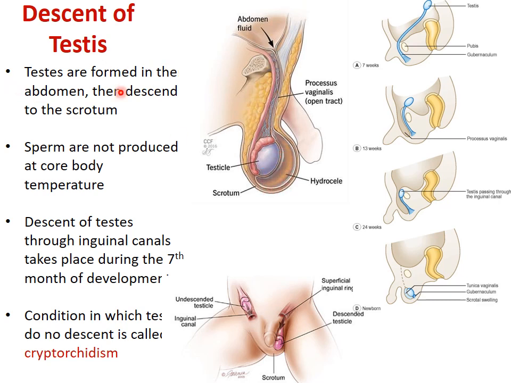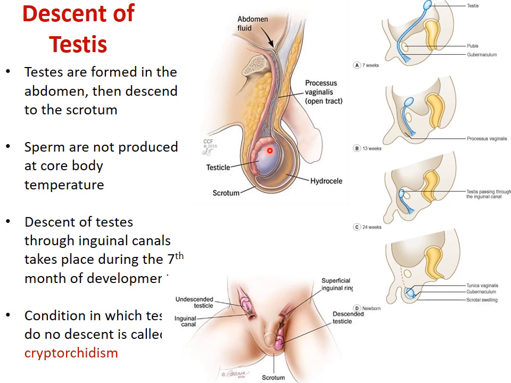Now testes are formed in the abdomen, then descend to the scrotum. Sperms are not produced at core body temperature. Why is this descent important physiologically? Because when the baby is delivered and the temperature of the body is recorded, the core body temperature is 37 degrees centigrade.